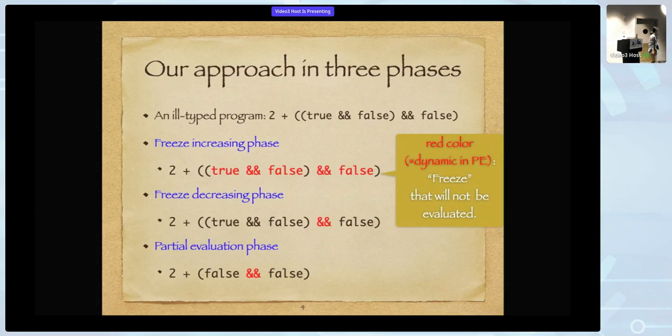Yes. For this, actually the improved result is different from this. So 2 plus false might be the result. And the user can understand there is a type conflict between plus and false. And of course, this false is an evaluated result. So we need some way to present this.